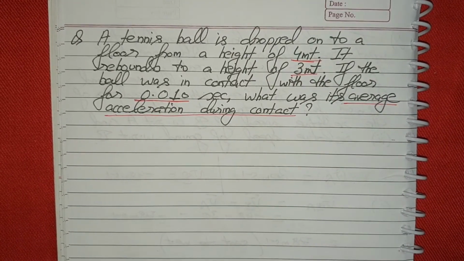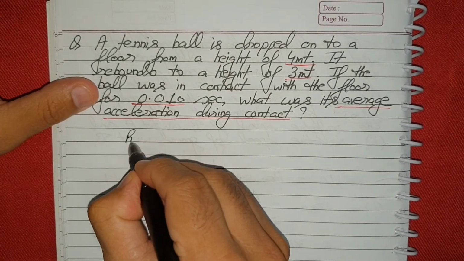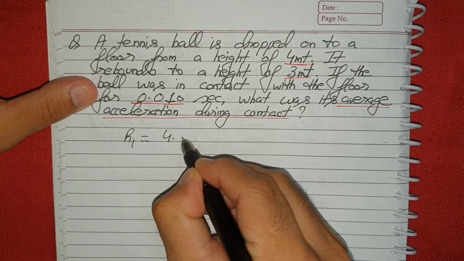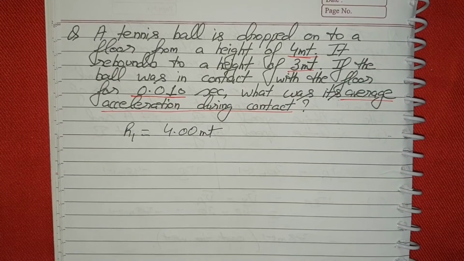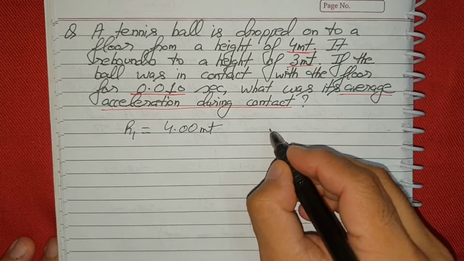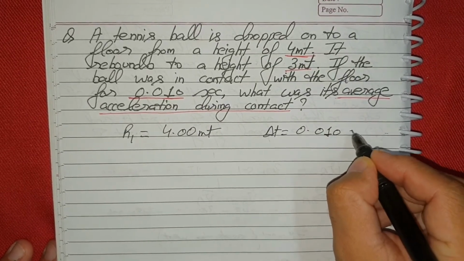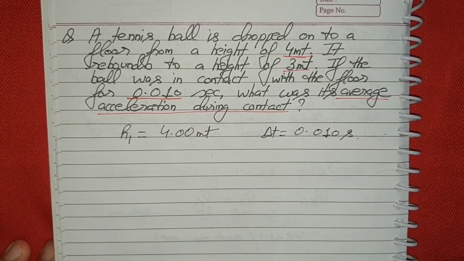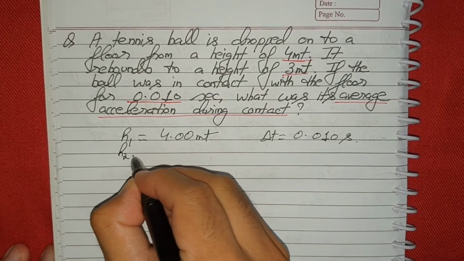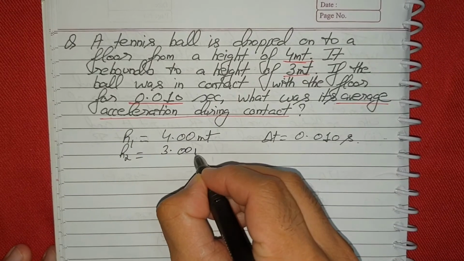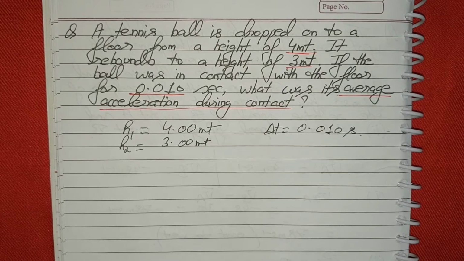So now h1 is 4 meter, the height from which the ball is dropped. And delta t, the time of contact, is 0.010 seconds. Now you can take h2 as 3 meter, the height it goes up after rebounding.